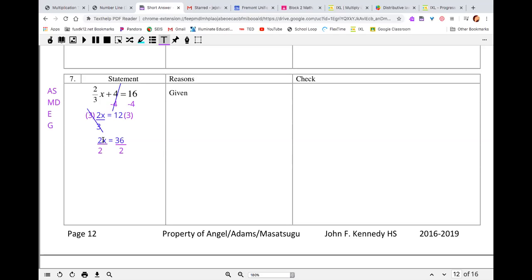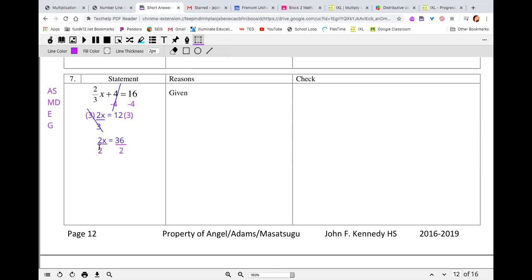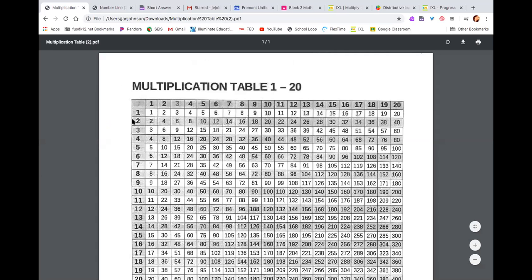Also, I'm trying to get x by itself. And if I divide by 36, would x be by itself? No. So the 2's cancel out, and now I have x equals 36 divided by 2. It's 18. Oh, yes, you were fast with that.